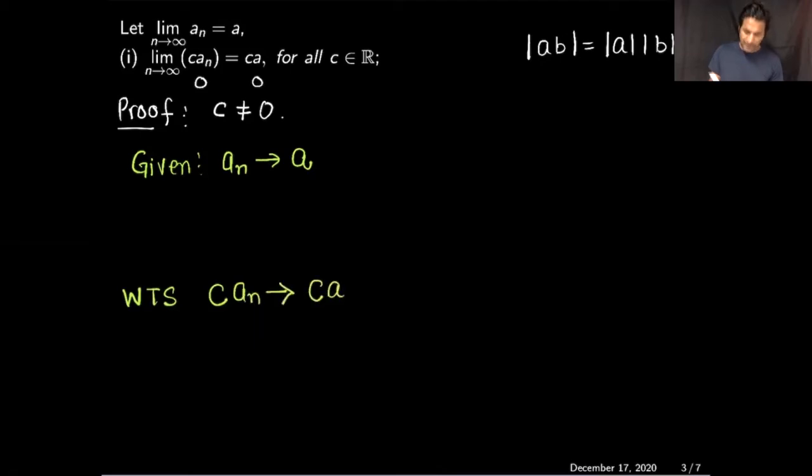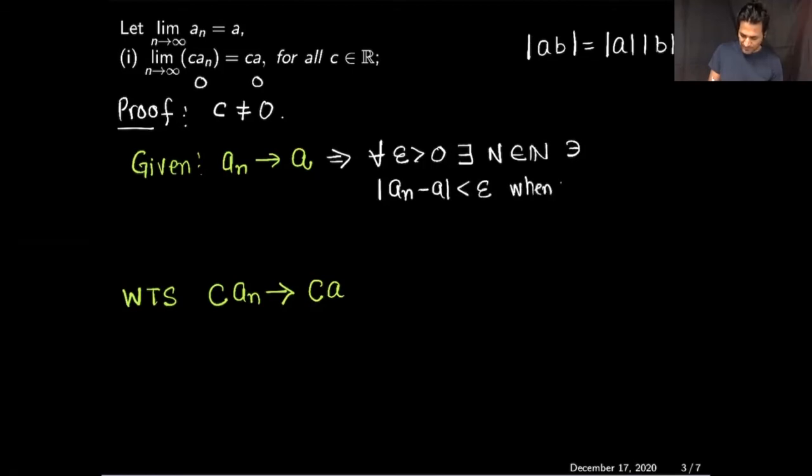Since this is given, this implies that for all epsilon positive, there exists a natural number N, belonging to the set of natural numbers, so that the absolute value of a_n minus a is less than epsilon when n is bigger than or equal to that capital N. So this is given, and this is what I want to show.